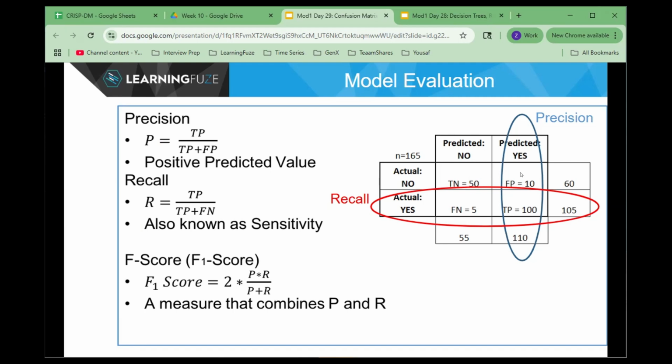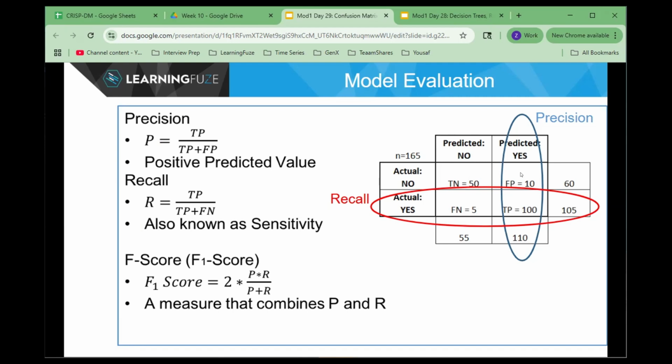Now you want your precision to be very, very good, because you don't want to be changing hard drives on every computer so that nothing fails, because then you'll be almost slowing down your business. So those are cases where precision might be a little bit more important than recall.